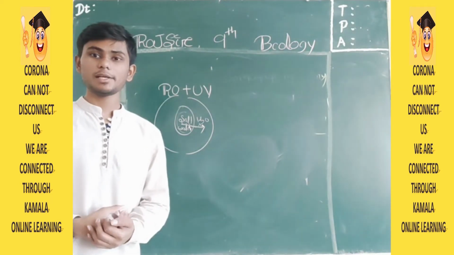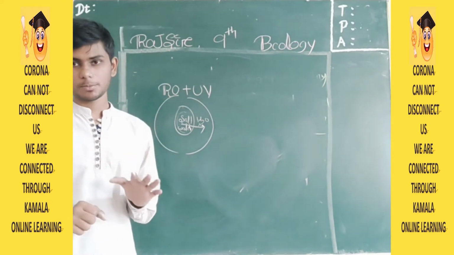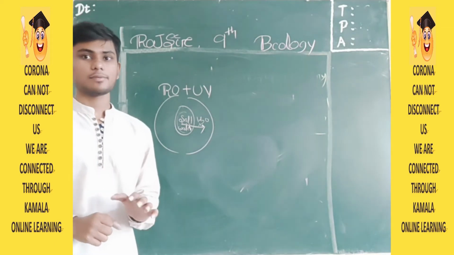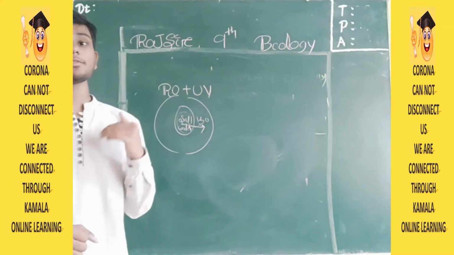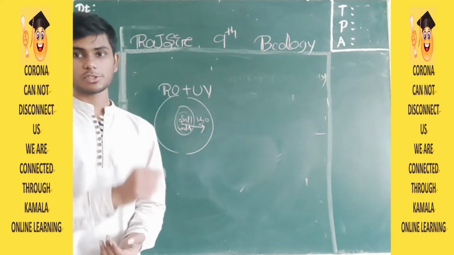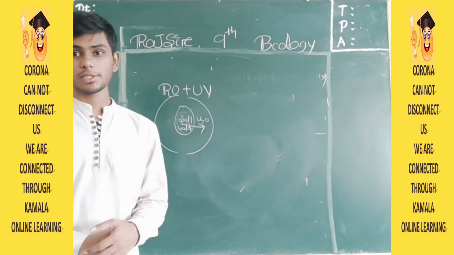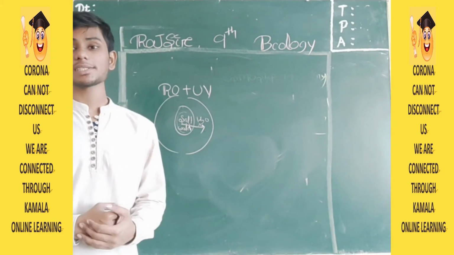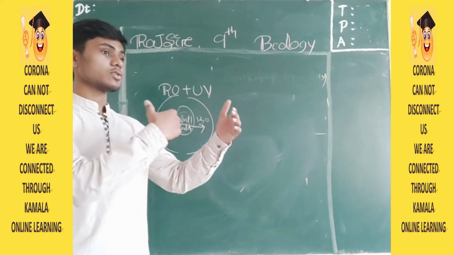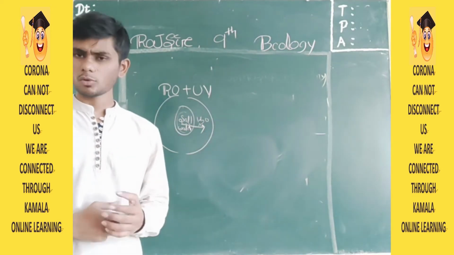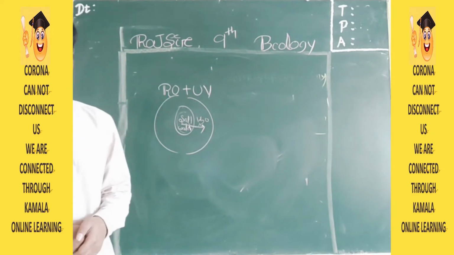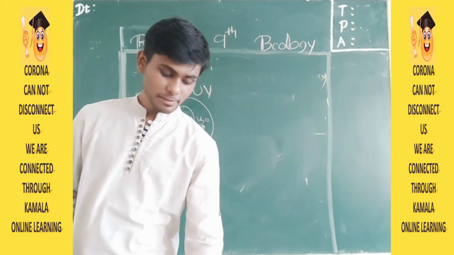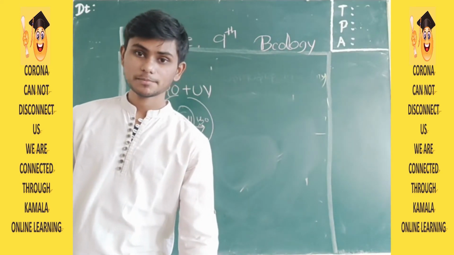The process you will be learning in your higher classes, not now. But you need to know that if osmosis is done in the reverse way, that is known as reverse osmosis. Because of reverse osmosis, we can do desalination, which means we can convert salt water into pure water. It is costly though. Who did this experiment? Scientists named Freddie Mercury and David Brownie.